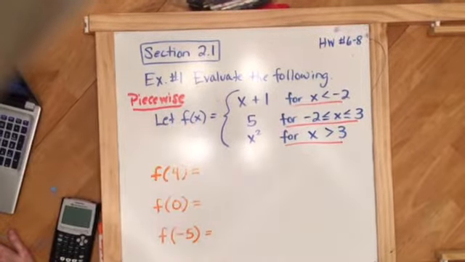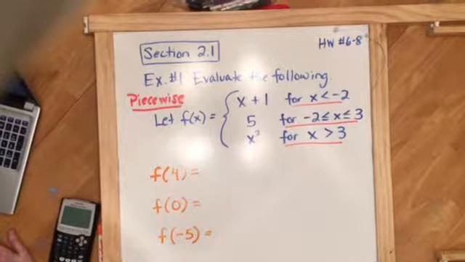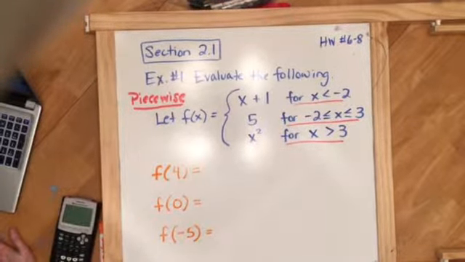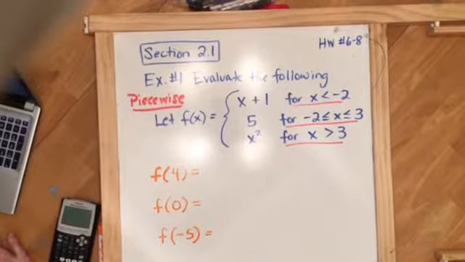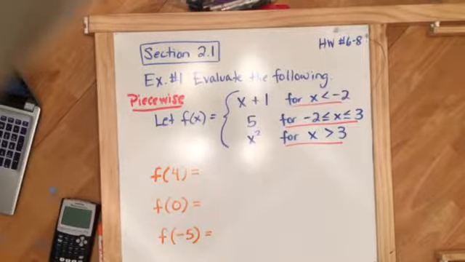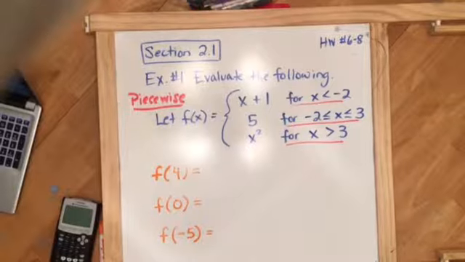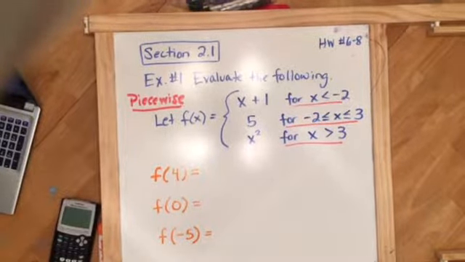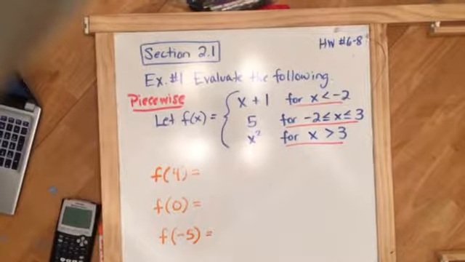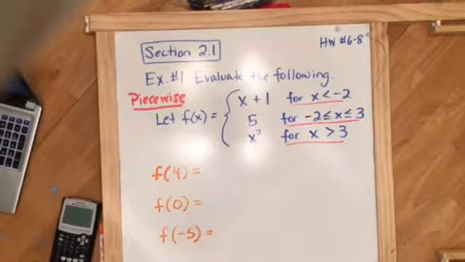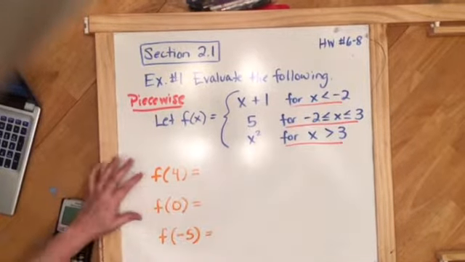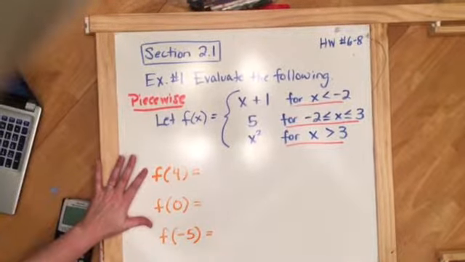So we have: let f of x equal x plus 1 for x less than -2, 5 for x greater than or equal to -2 and less than or equal to 3, and x squared for x greater than 3. Each piece has its particular domain, and so we're going to evaluate the following.